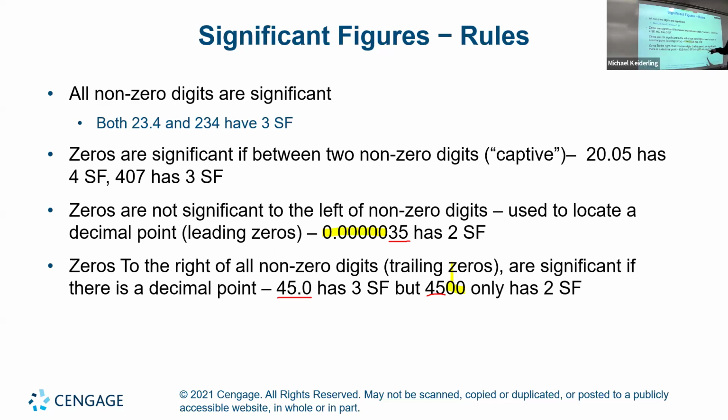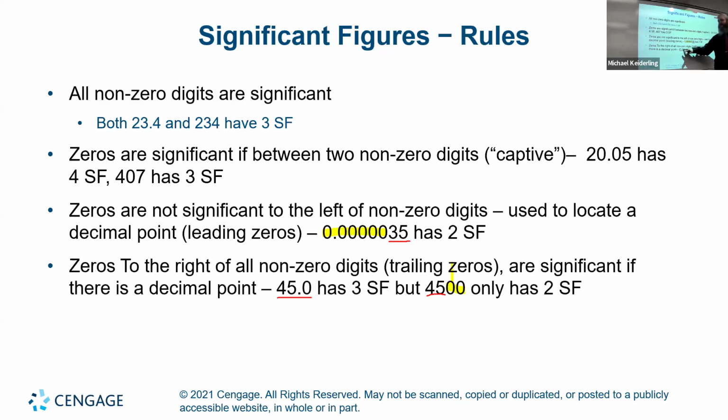Now, trailing zeros generally only count when there is a decimal point. So if there's no decimal point, like 4,500, that would have 2 significant figures. So 45, but the trailing zeros with no decimal point don't count.